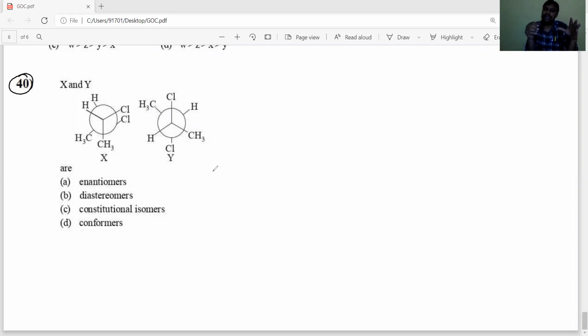Both are mirror images but non-superimposable. Non-superimposable mirror images are called enantiomers.